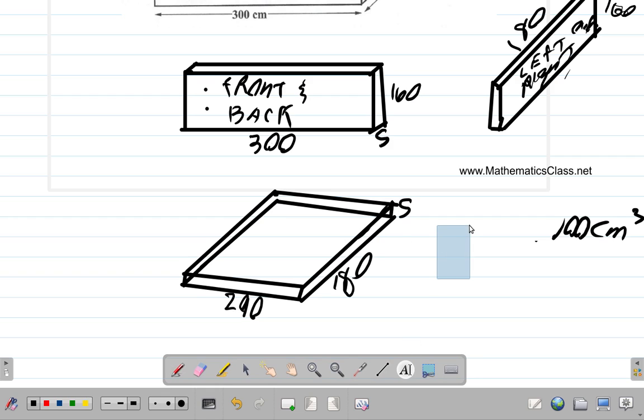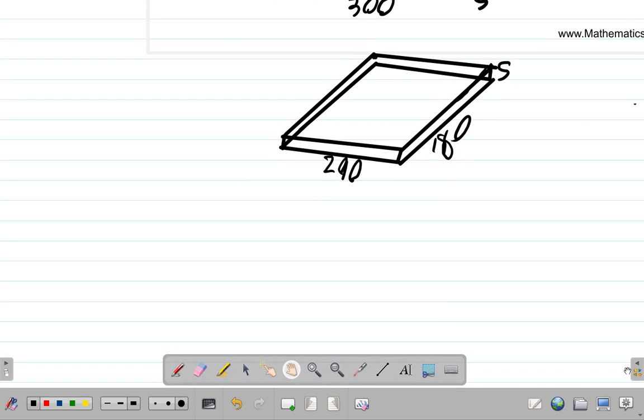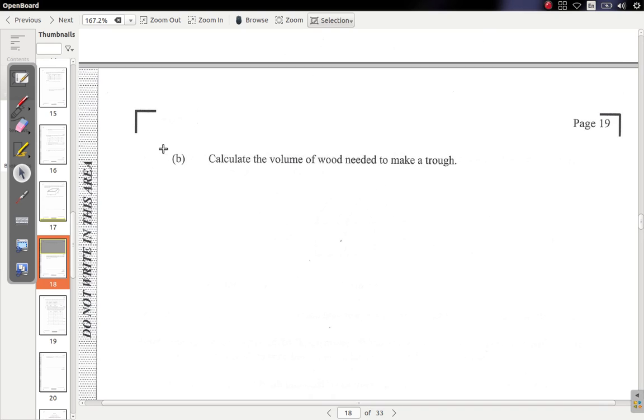So the total volume now. So the volume of wood. Calculate the volume of wood.